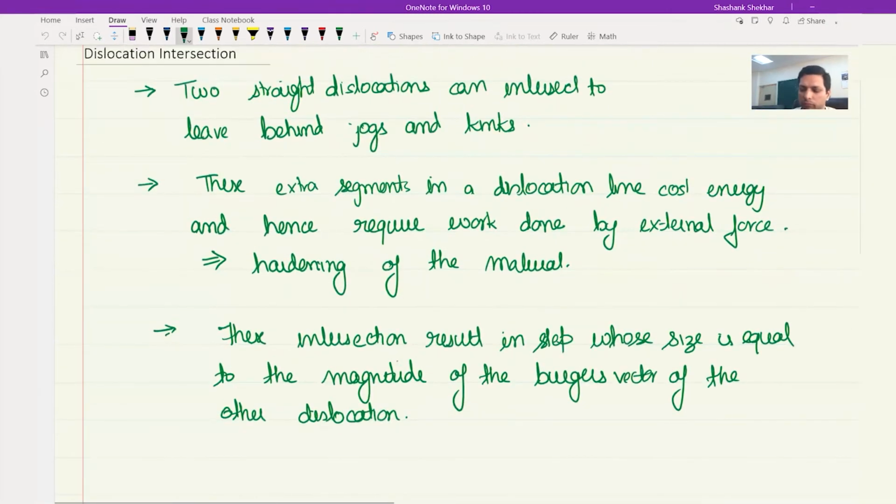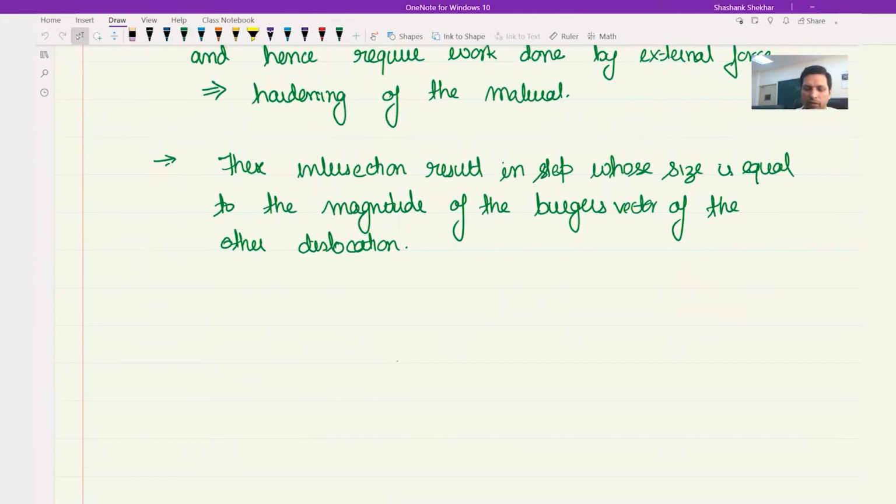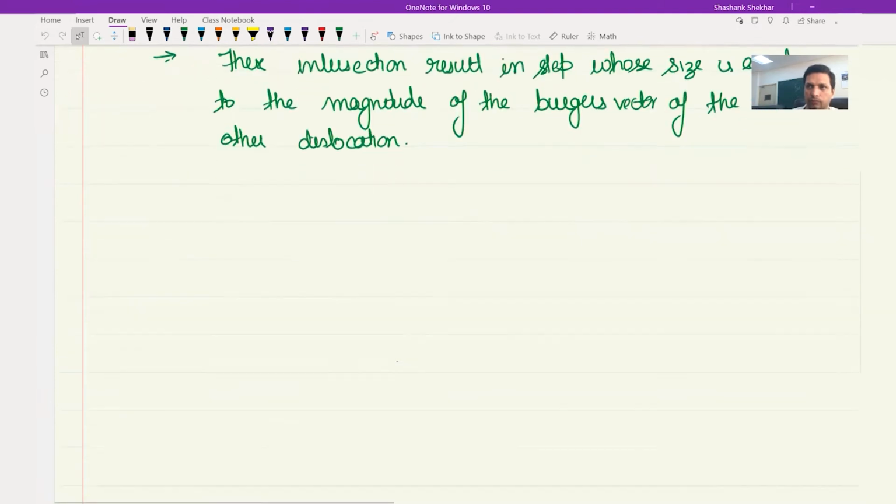Now, in order to explain this, we will take examples of 4 different types of intersection. First we will look at edge dislocations, where the Burgers vectors are in perpendicular directions.